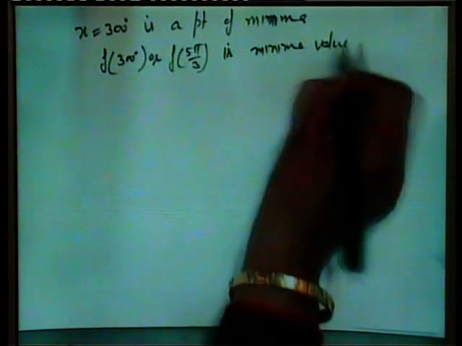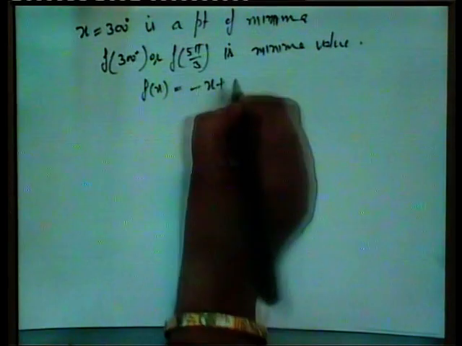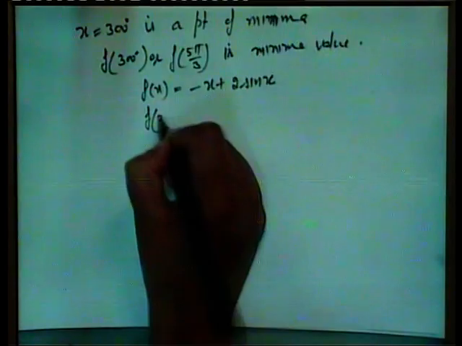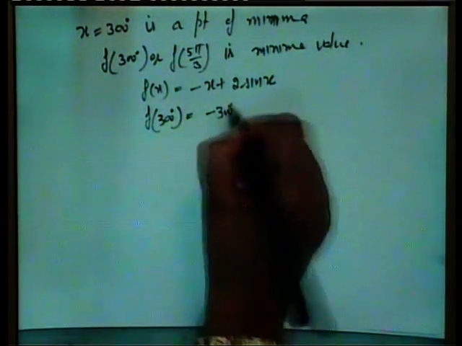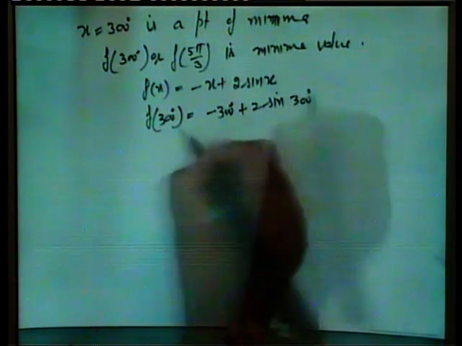f(x) is minus x plus 2 sin x, therefore f(300 degree) is equal to minus 300 degree plus 2 sin 300 degree.